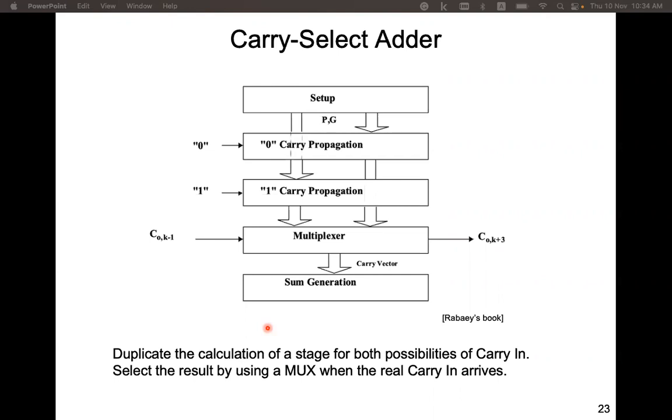Again, to generate the carry out for each adder cell, we need the carry in information: generated CO equals generate plus propagate times carry in.